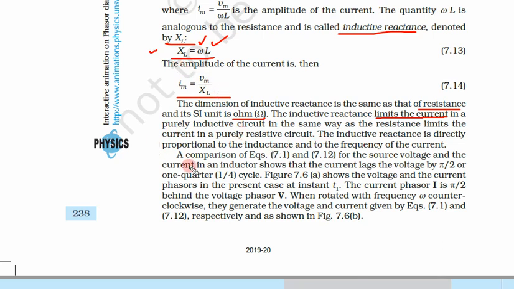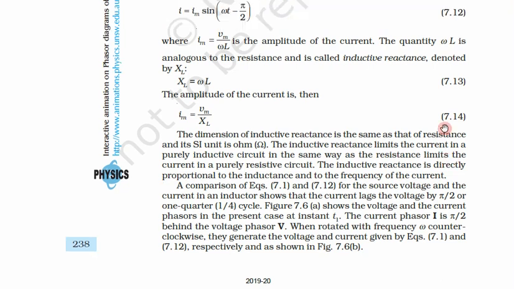One important thing is that the source voltage and the current in an inductor show that the current lags the voltage by pi by 2. So current is pi by 2 behind the voltage. Let us see with this equation.